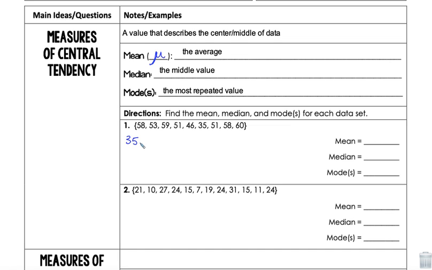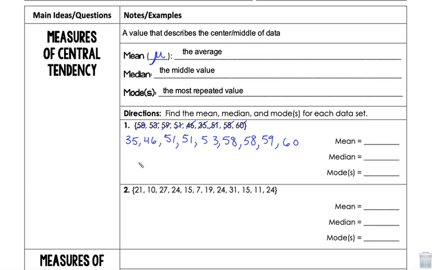So I'd want to start with 35, 46, 51, 51, 53, 58, another 58, 59, and 60. Now that it's all in order, this will make finding the mode and the median way easier.